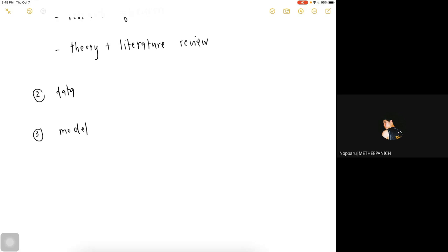Okay, so once you construct your econometric model, when you present to all the instructors or all the audience, you should mention which variables you are using in your econometric model. I know that you might use some notation in the econometric model, but you have to explain which variables you are using.